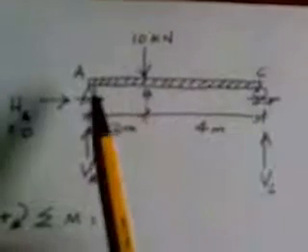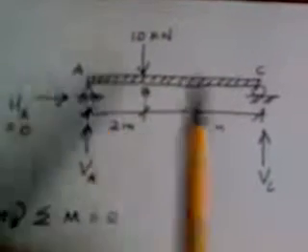Okay, and the next thing is that we have to determine the center of rotation. The center of rotation can either be at A or C, so make sure it's at one of the supports. Normally I will use the right support as the center of rotation, so I just put a note there.